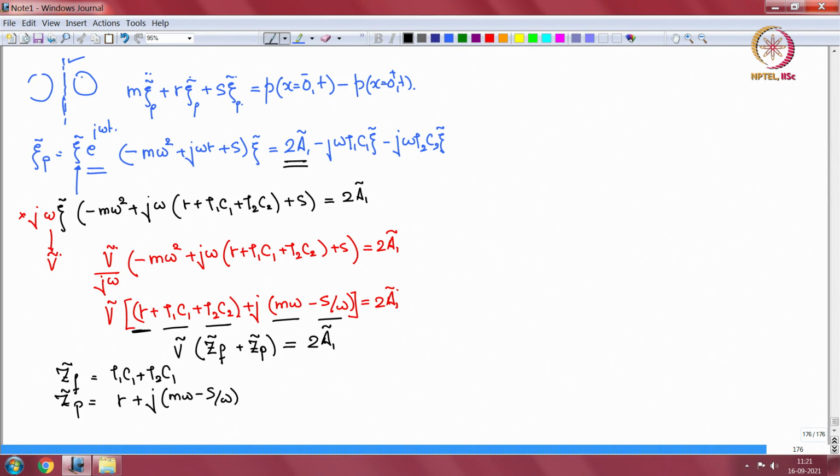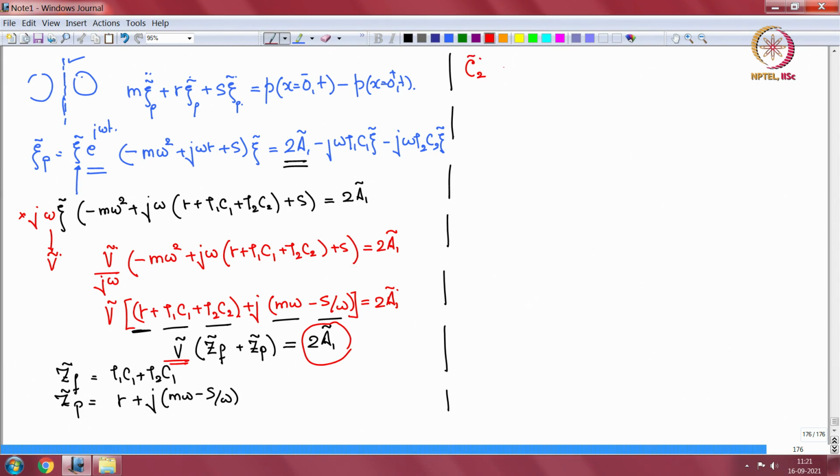So, the response of the fluid load at the structure is directly related to the blocked pressure. So, it is interesting. The response velocity is directly related to the amplitude of the blocked pressure. We started off by saying we want to know c2 tilde.